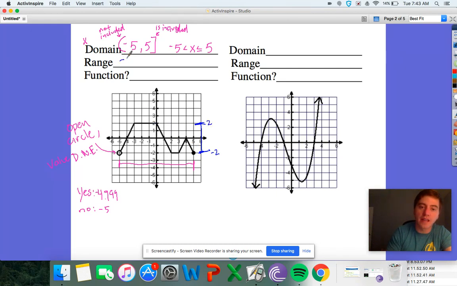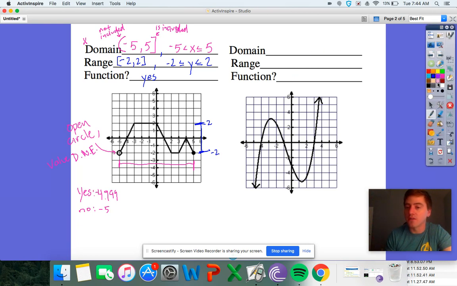So we can say in interval notation -2 to 2, they're both included. Or you could say -2 is less than or equal to y, which is less than or equal to 2. It is a function because it only has one output for each input.